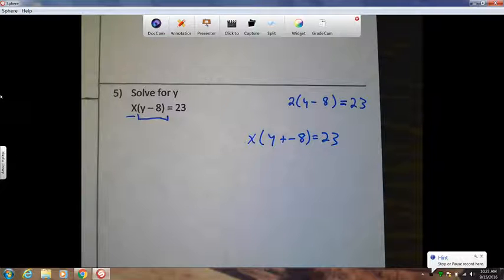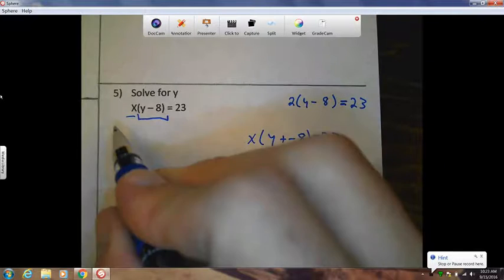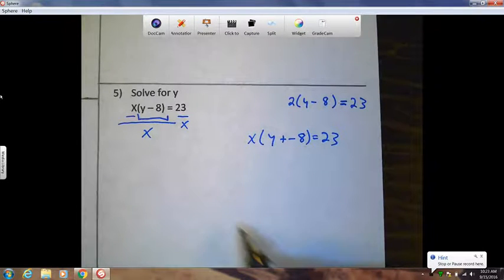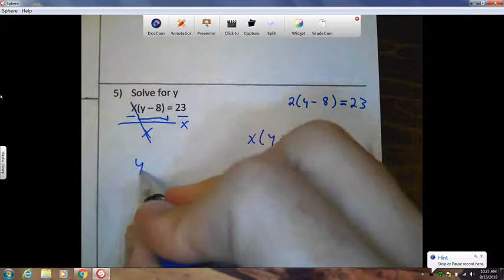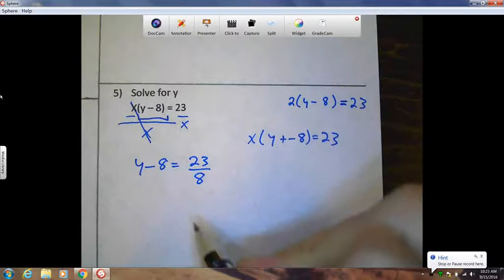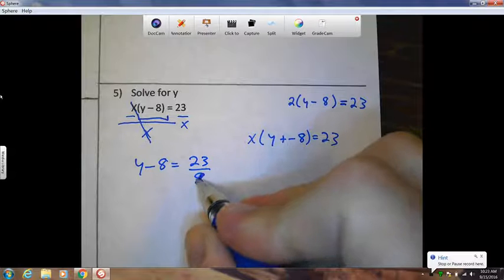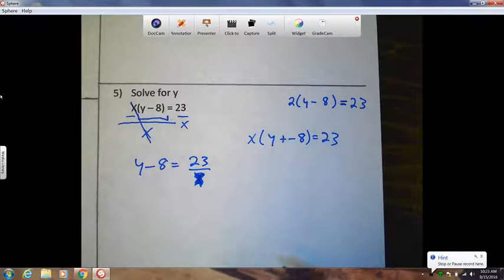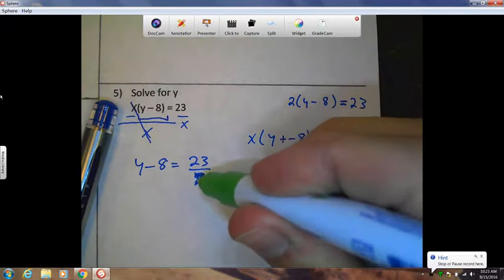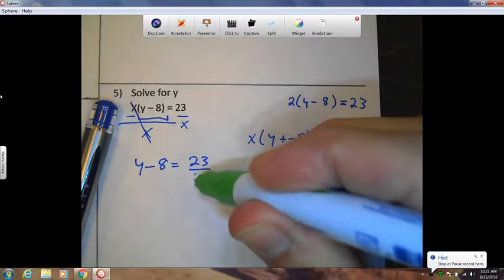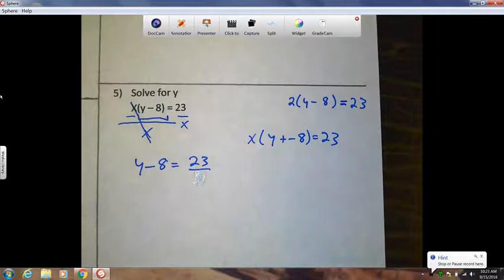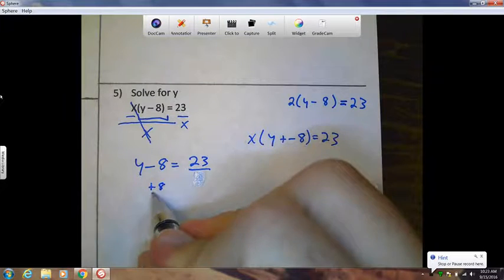When I do that, I get y minus 8 is equal to 23 divided by x. So then what I need to do in order to finish is add 8 to both sides. So y is equal to 23 divided by x plus 8.